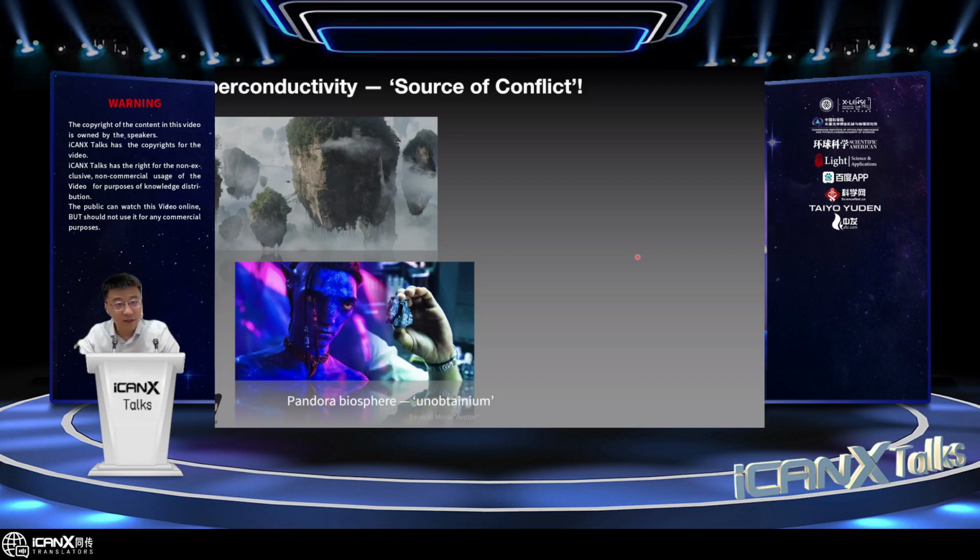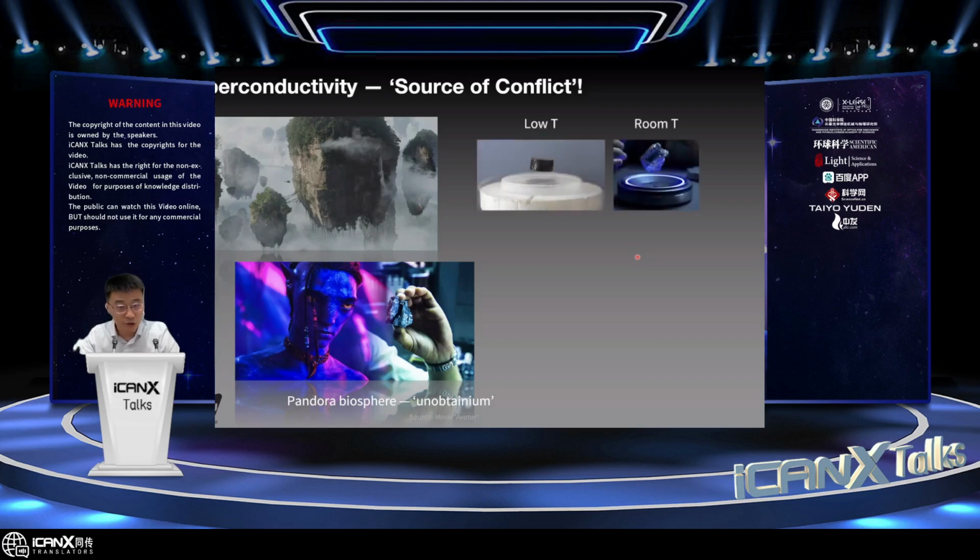And this is a source of conflict, at least in the movie, right? People are fighting for these resources simply because they are room temperature superconductors, as they expel magnetic fields generated by the poles of the planet, Pandora.